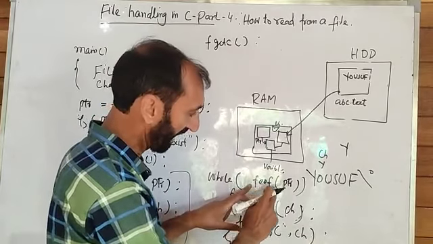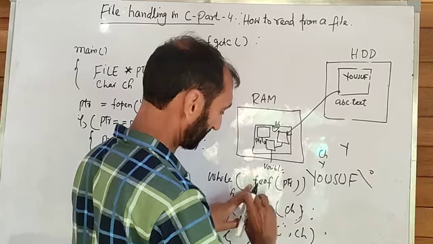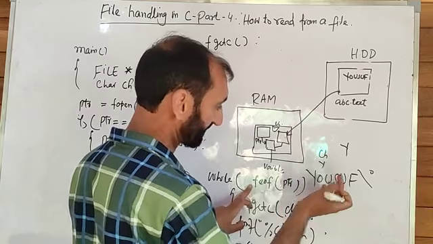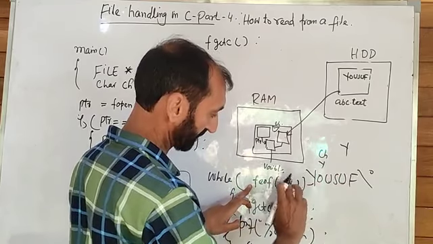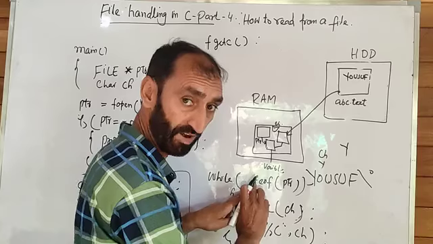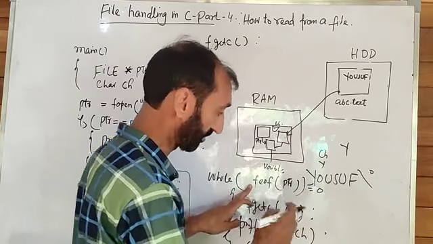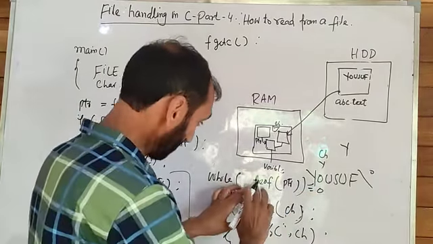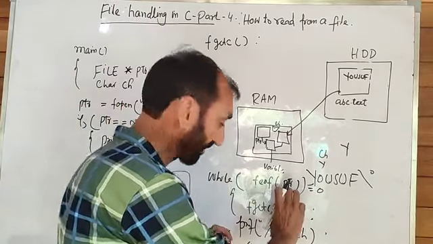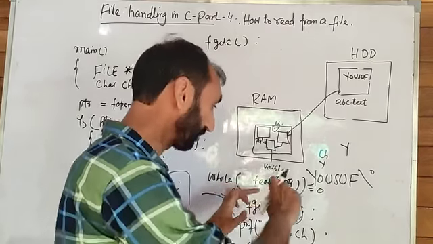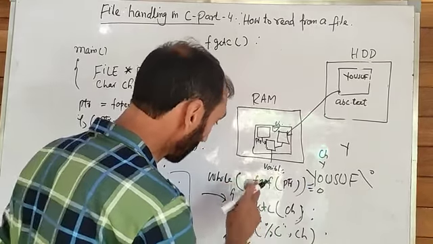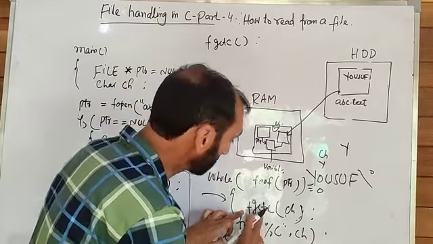First it will check while file is end of file. The file is not at end of file, because it is void, that means the condition is false, and false returns 0. Take care: if this condition evaluates to false, the control will not go into the body of this loop, so it will not execute these statements.